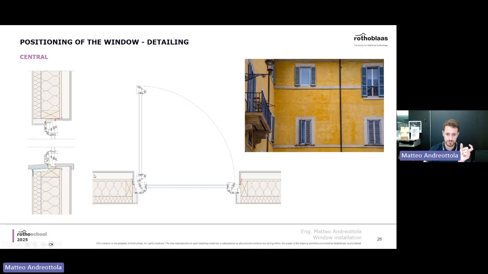The only thing that you have to do is taping also around the gaps that you have in between the boards of the OSB. In here, you don't see it very well, but we'll see better when we zoom in later on. You have expandable band in here as well, and you have a tape on the inside, which is not only making sure that the wind tightness is done correctly.